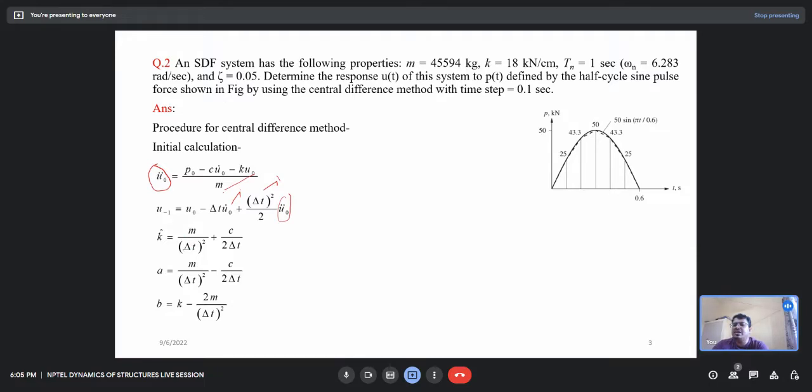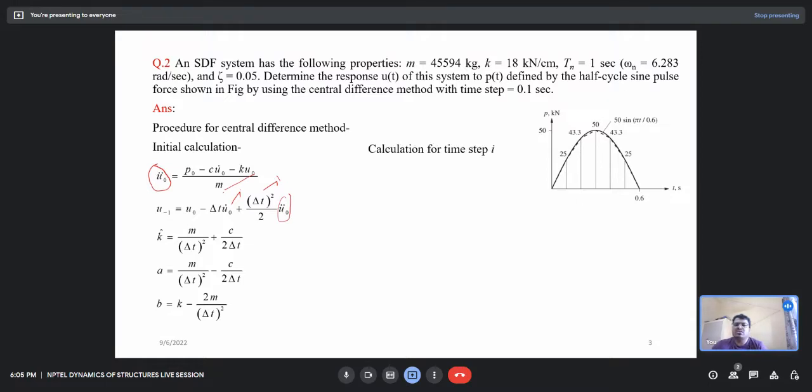Now the modified stiffness is k hat equals m divided by delta t square plus c divided by 2 delta t. These are the coefficients a and b, where a is m over delta t square minus c over 2 delta t, and b is k minus 2m over delta t square.